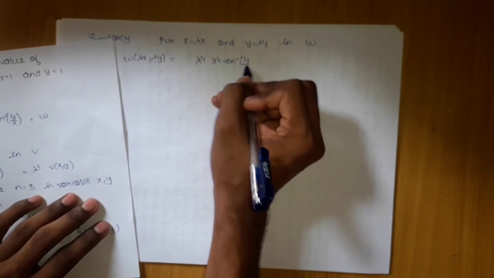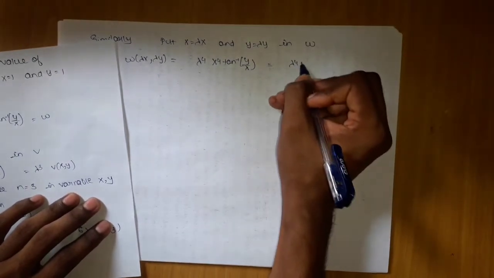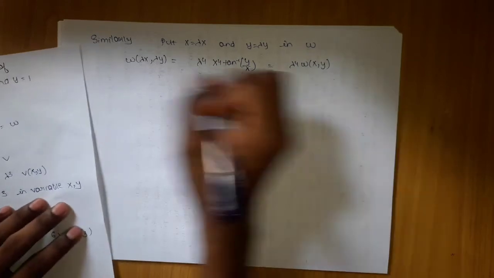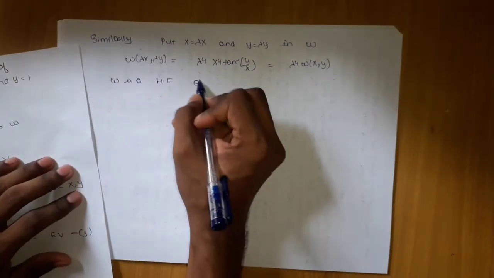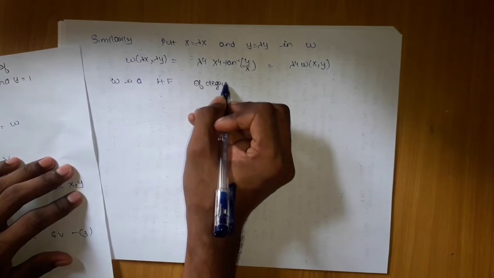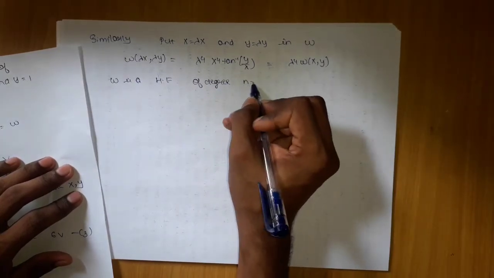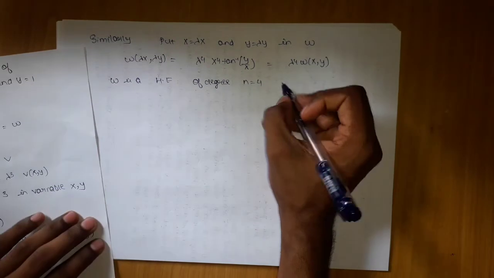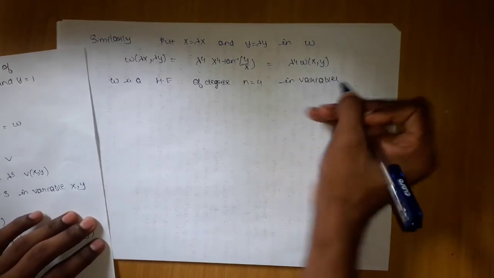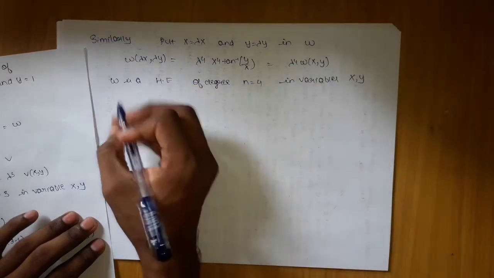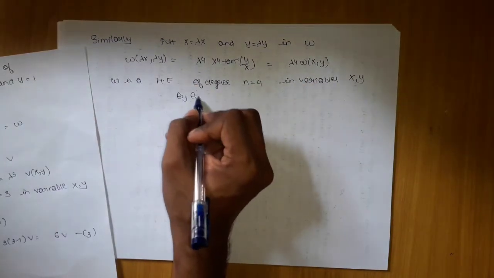This both will cancel out and remain as it is. So lambda power 4 w of x comma y. So we write that w is a homogeneous function of degree n equals 4 in variables x comma y. After writing this, we will write by Euler's theorem.